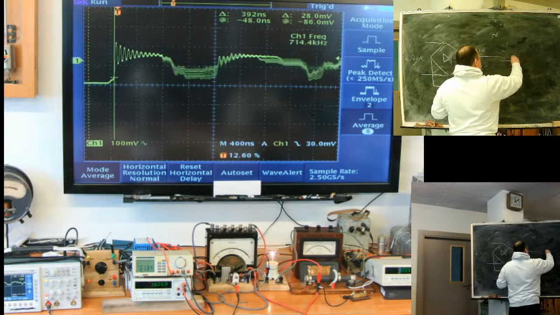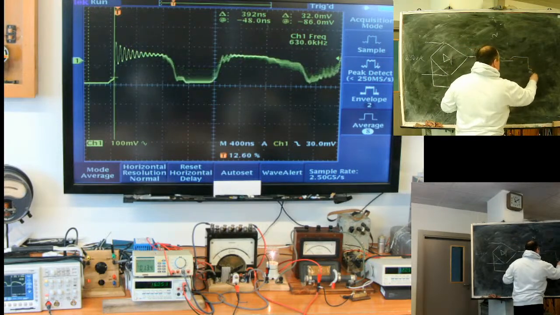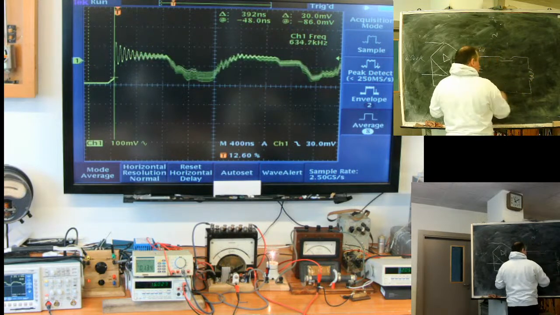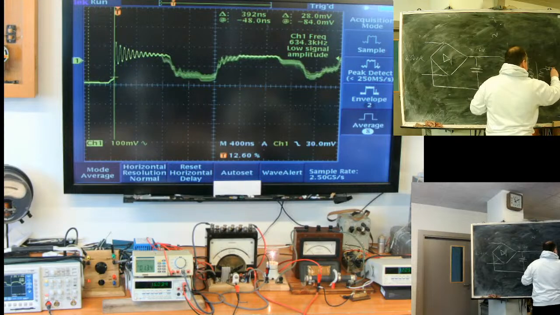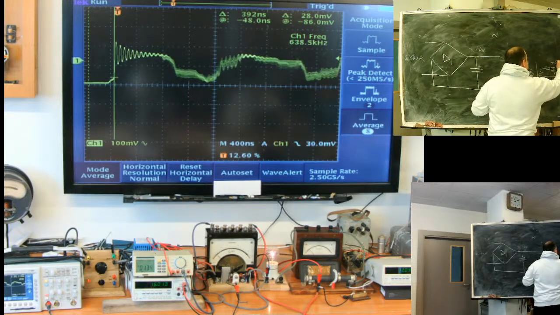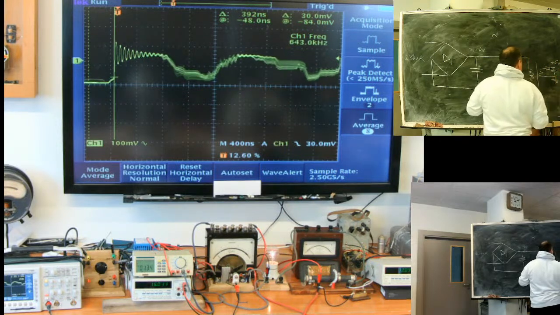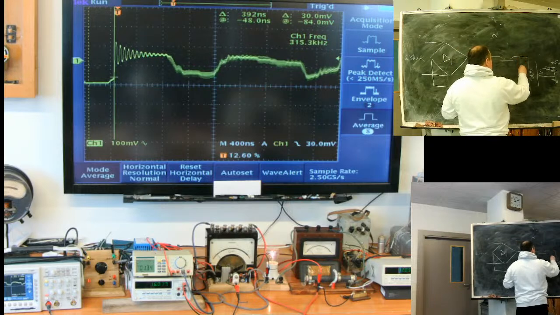It has a bipolar transistor as a switch, the primary coil of a transformer. This will be plus 5 volts DC. Ground. It needs a snubber network.